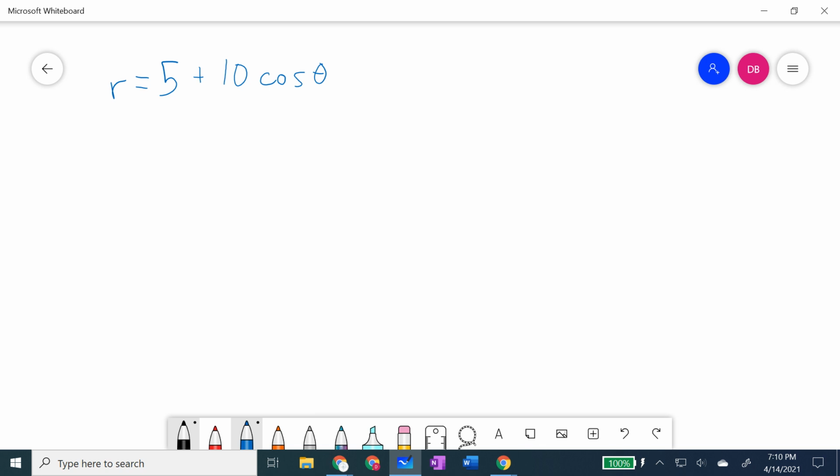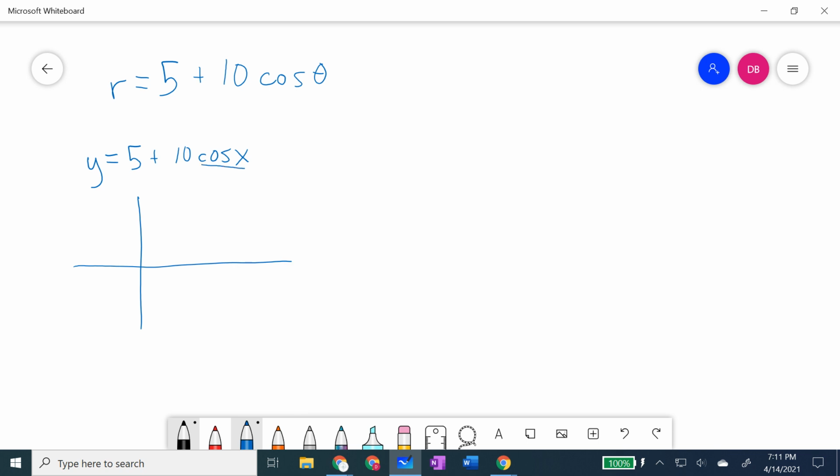Okay. So if you were given this and you were asked to draw the polar graph, you could start with thinking of r as being y and theta as being x, and just draw what you know this graph looks like.